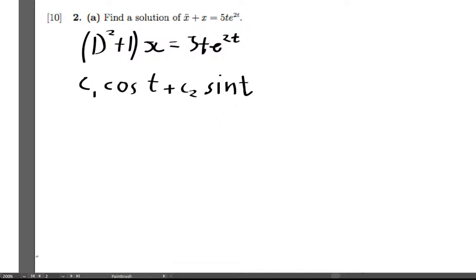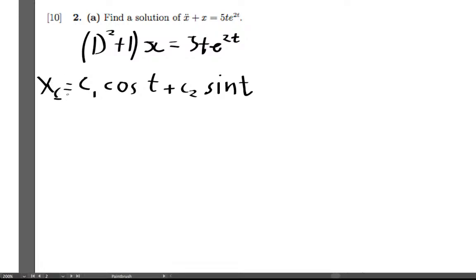Okay, c1 is an arbitrary constant. Multiply this by cosine of t. Where do you get the t there? It is basically 1 times t, and where do you get the 1? You take the imaginary part, but you forget the i. That's how I say it. And same thing for the sine t. So this is called the corresponding x. This thing should be xc, so xc would equal this.